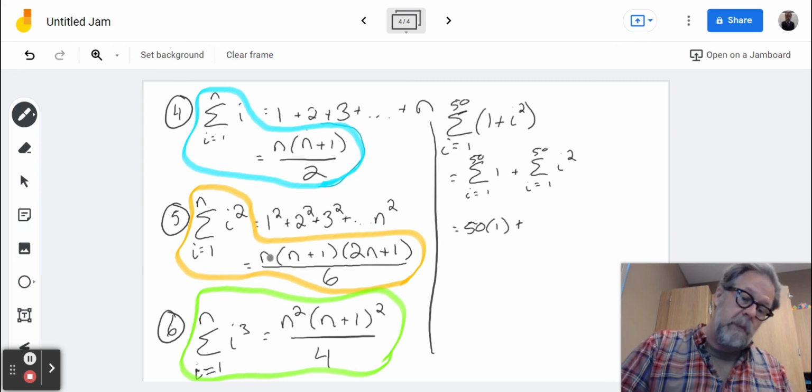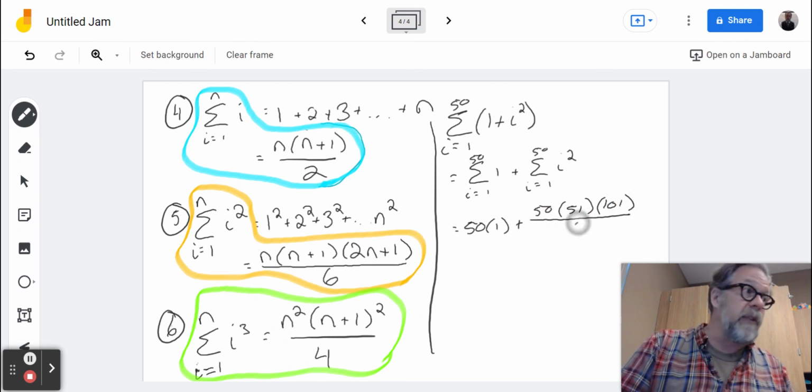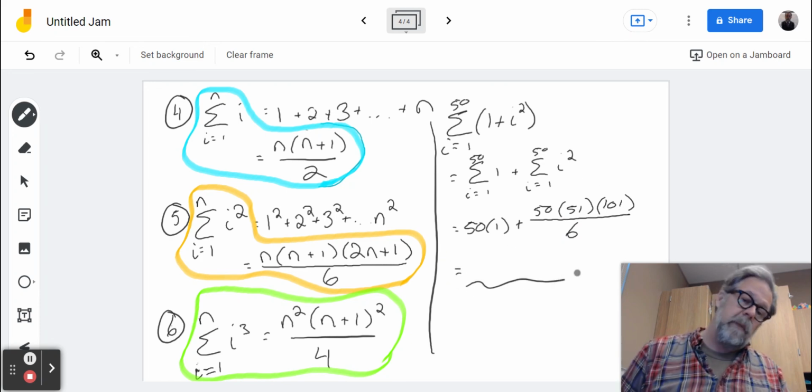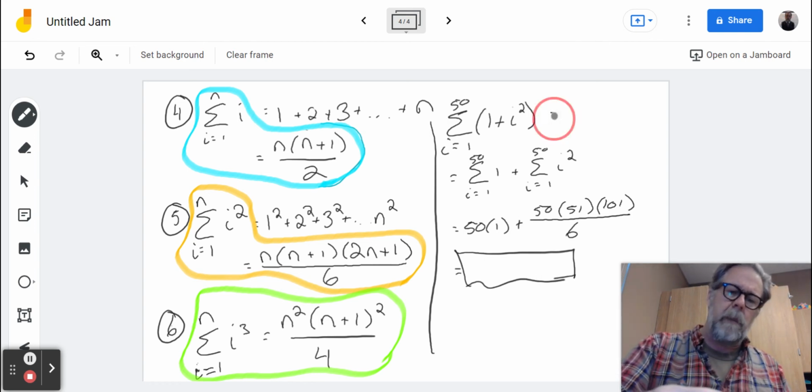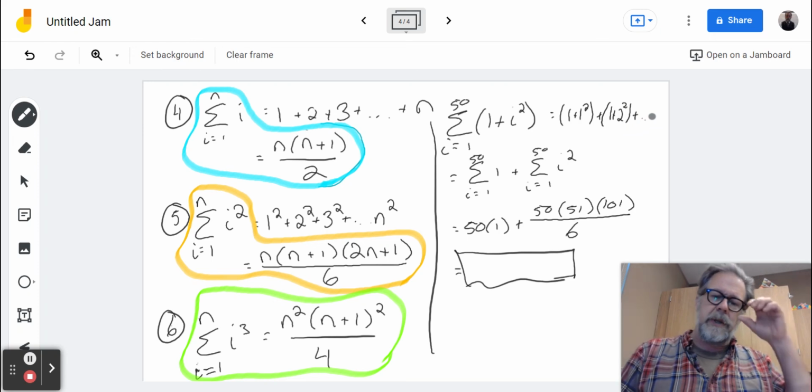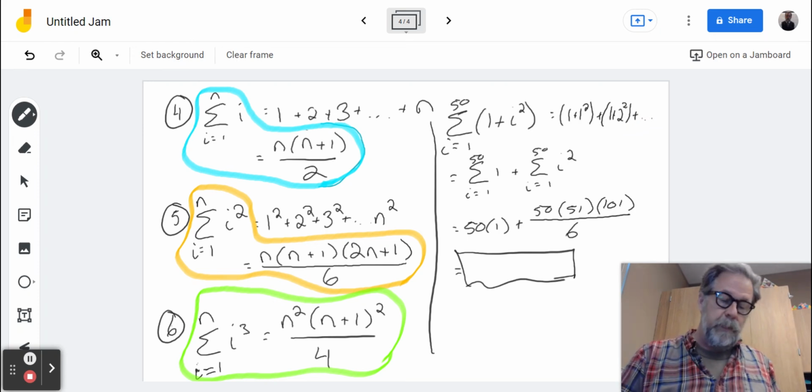And this is, using my squared rule, 50 times 51 times 101, 2 times 50 plus 1, all divided by 6. And I can plug that into my calculator, and I get some number. Instead of having to add up 1 plus 1 squared, plus 1 plus 2 squared, plus ... which very quickly gets boring and tedious.